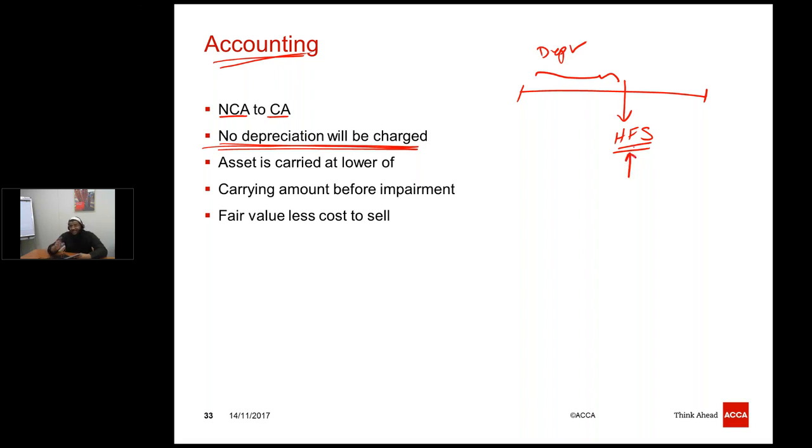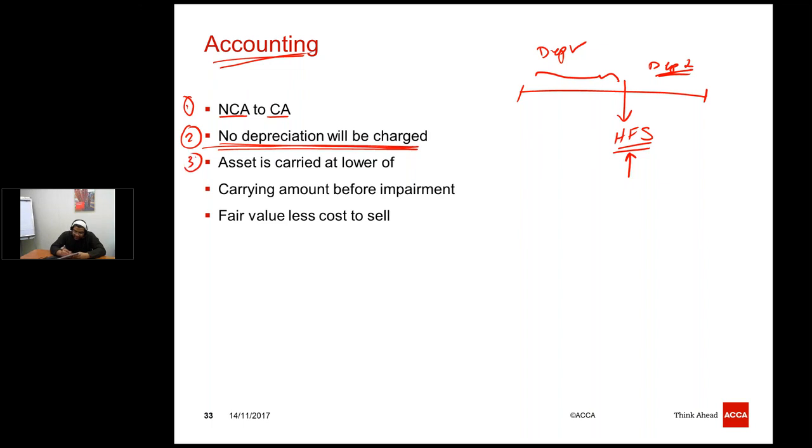But after classifying in IFRS 5, no more depreciation, because now it is a current asset and I'm not using this. If I'm not using this, why would I depreciate? So the first point is to transfer from non-current to current. The second point is not to depreciate once it is in IFRS 5.